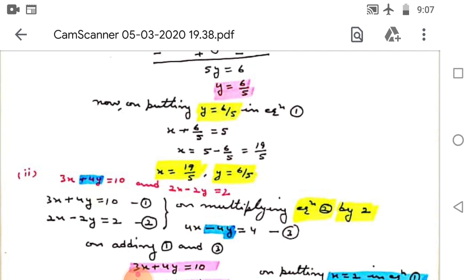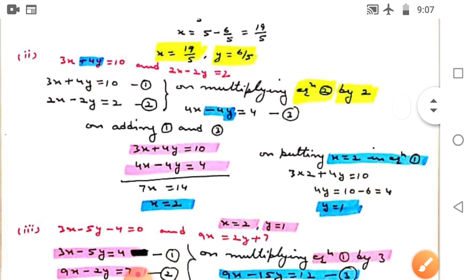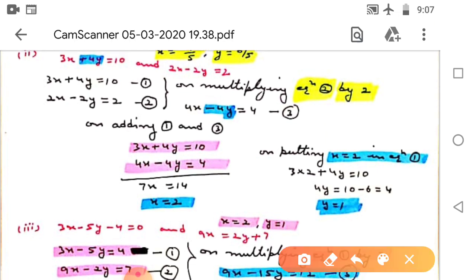Now come to the second part of this question number 1. The first equation is 3x plus 4y is equal to 10. The second equation is 2x minus 2y is equal to 2, right? So look here, the coefficient of y in the first equation is 4 and the coefficient of y in the second equation is minus 2. So by equating the coefficient, we need to multiply equation 2 with 2.